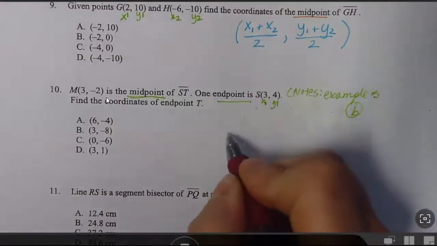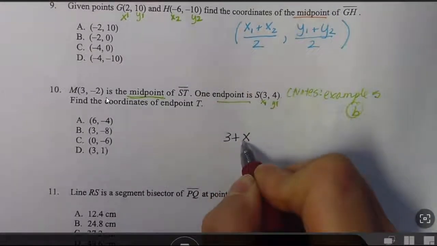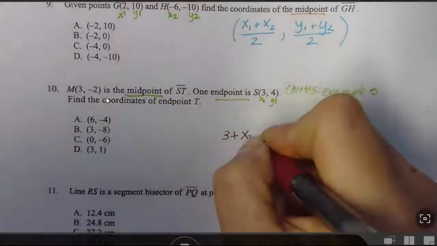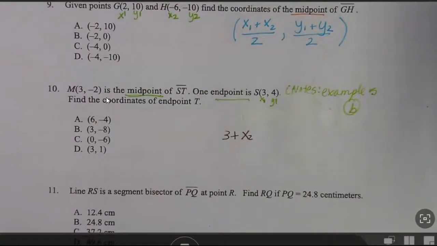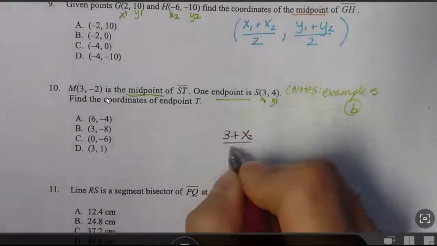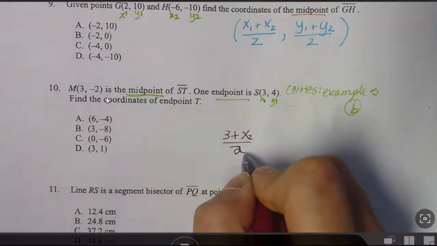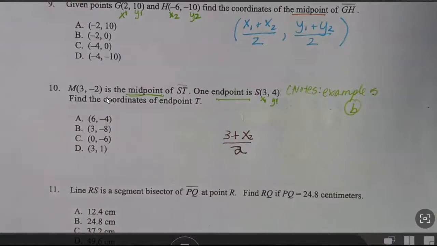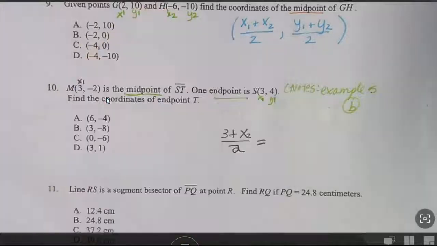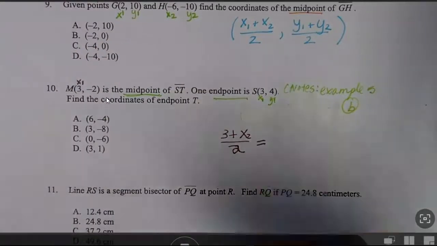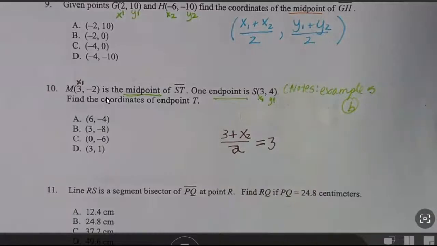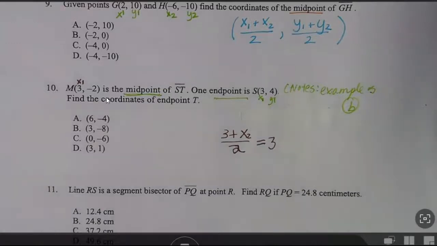So for x1, we'd take 3 plus our unknown x. You can call it x, you can call it x2, I don't care what you call it. And then we are going to divide that by 2, and we set that equal to the x of the midpoint. So we set that equal to 3. These are all working with the x's. You'll solve this part to find your x coordinate.